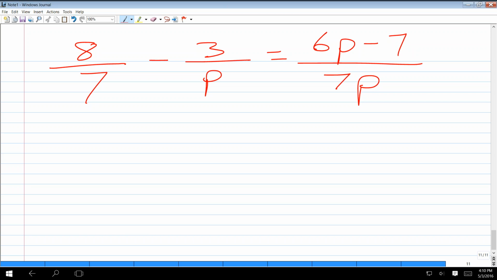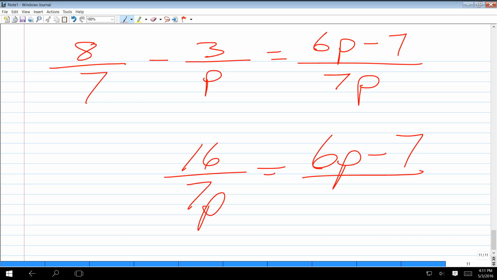Now, notice that if I wanted to combine these two over here, what's the common denominator? 7p. Right. So I could do that, and then I'm going to have a 7p in my denominator on both sides of the equation, and the problem's going to become easy. In other words, once I get, let's say I had 16 over 7p equals 6p minus 7 over 7p.